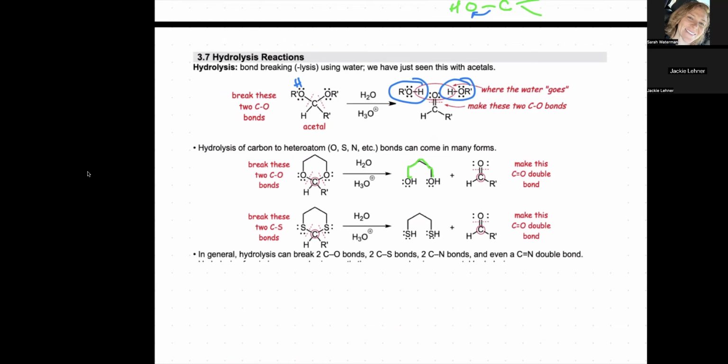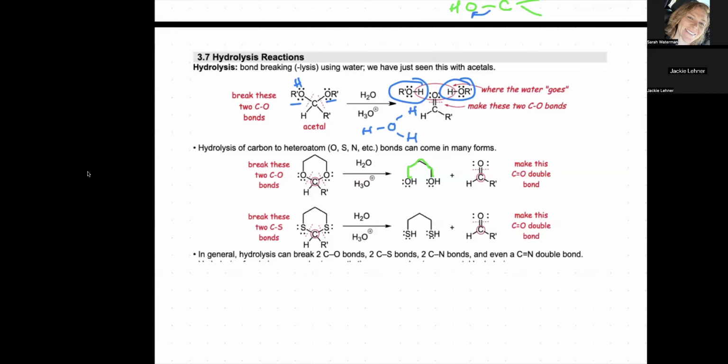But anyway, it literally is just because it becomes a good leaving group, right? Oxygen, because when you protonate this, there's a lot of these going on. We have a high concentration of acid, so that's what's going to push it in that direction to get water. A lot of this stuff has to do with concentrations. If we have a lot of acid and these rando oxygens on here, they're going to pick up the hydrogen.